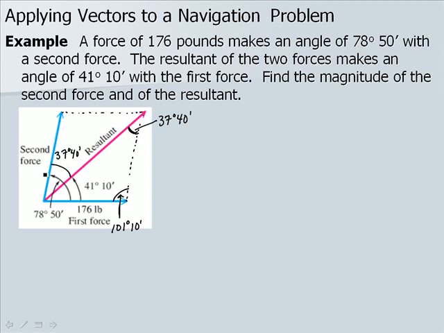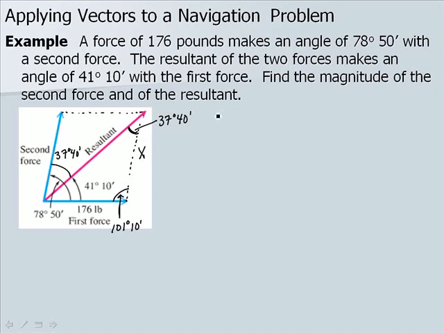Our second force here is identical to our value of our parallelogram here, since opposite sides are equal. So we'll call our second force x. And let's use the law of sines then in our triangle here to find the value of our second force and our resultant.